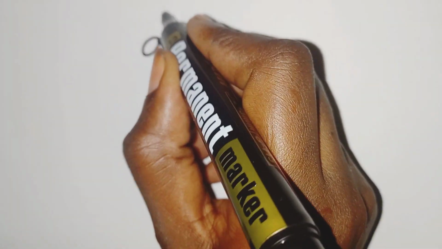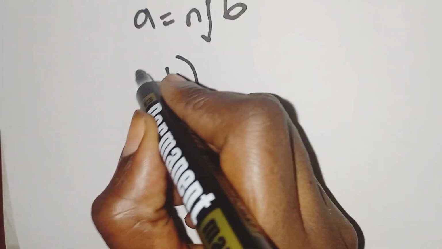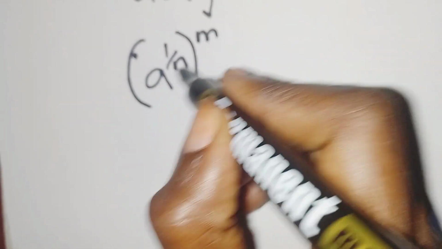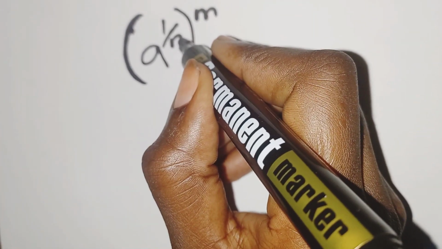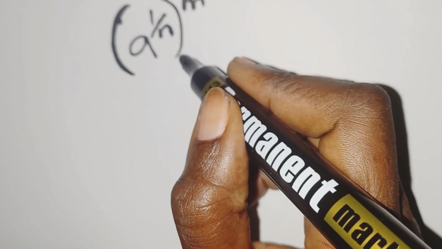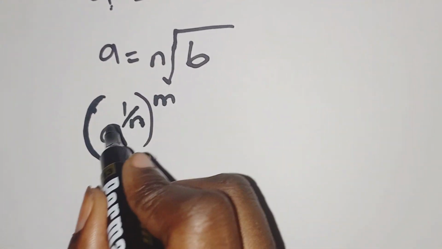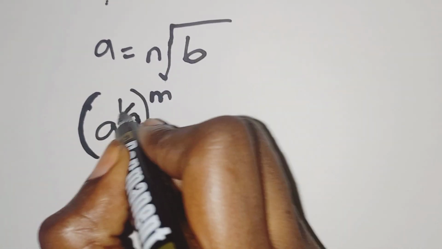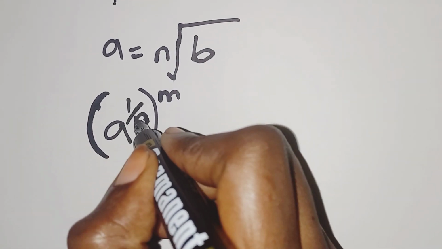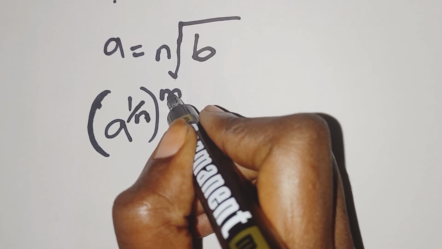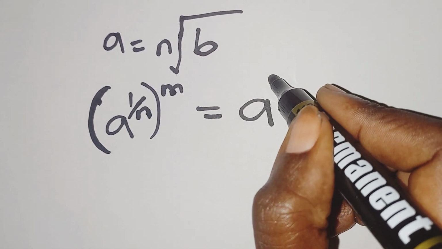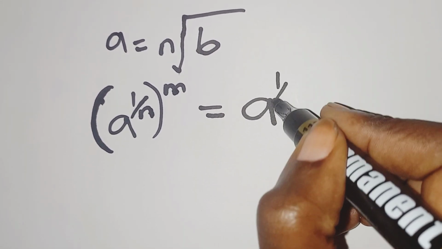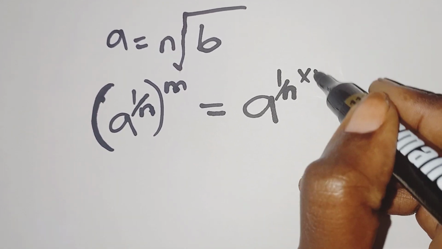And if you have a raised to power 1 all over n, in brackets, a fraction power, raised to power another index m, then you will just multiply. We say that this one just multiply. Like 1 all over n you multiply by m, and you'll get a raised to power 1 all over n times m.